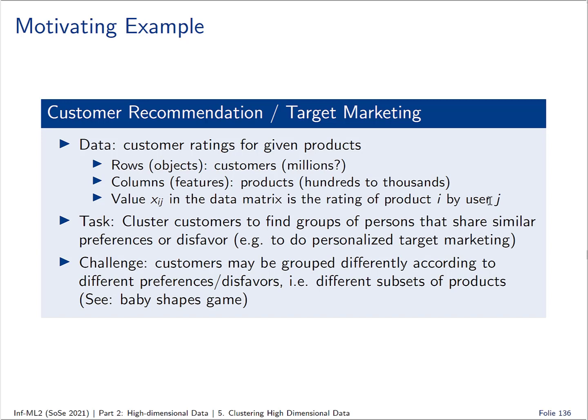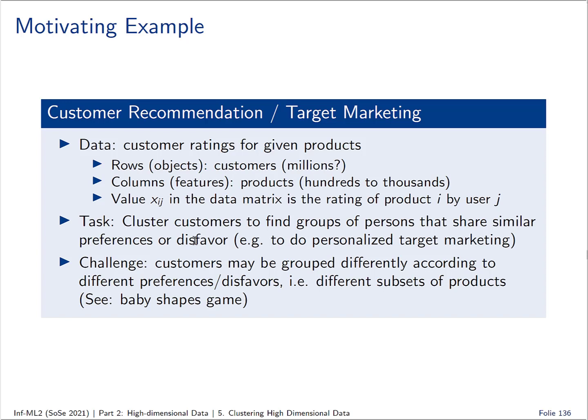And that somehow reminds you probably of the data set that we had for the SVD example. And again, the task is somehow to cluster groups of customers, so of persons that share similar preferences or also disfavors, of course.